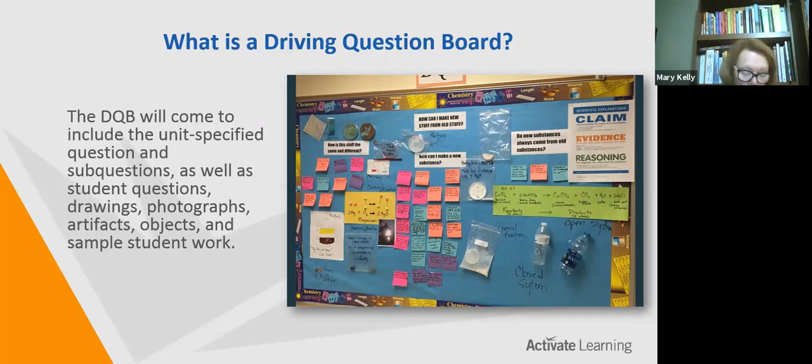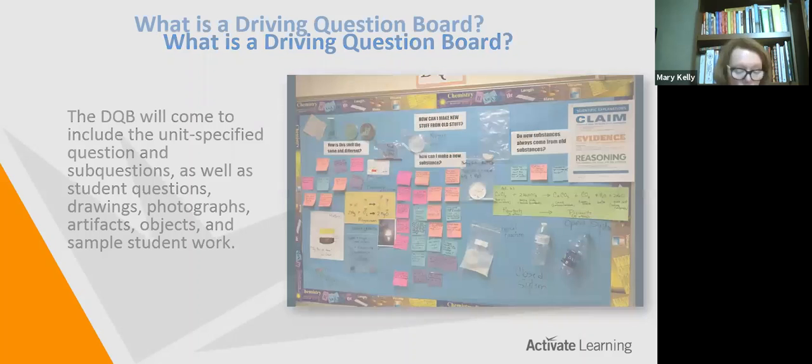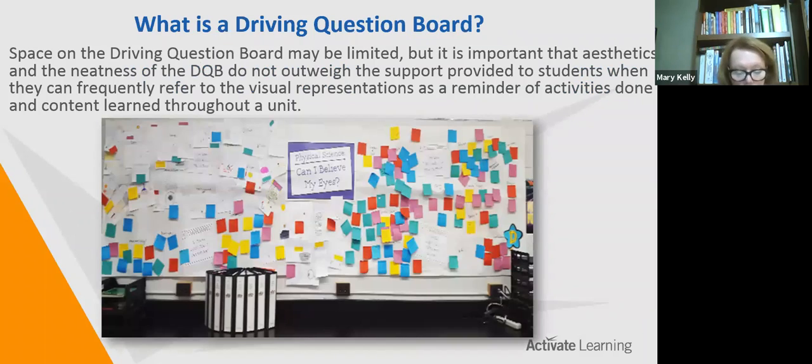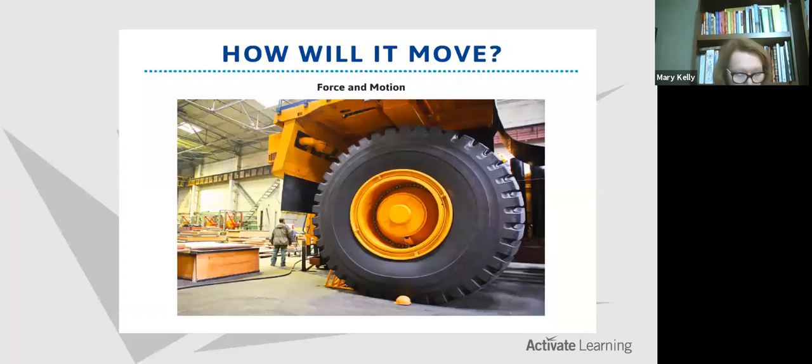The driving question board will serve as a focal reference, helpful to all, but especially important for students for whom visual representations aid in their learning, such as connecting new ideas to previous ideas. The driving question board will look slightly different in every classroom, depending on the wall space and the configuration of the classroom.